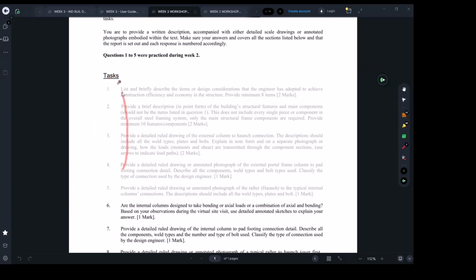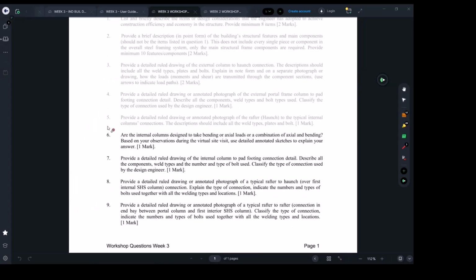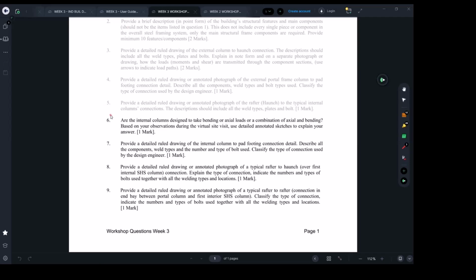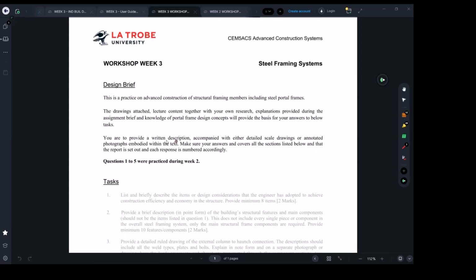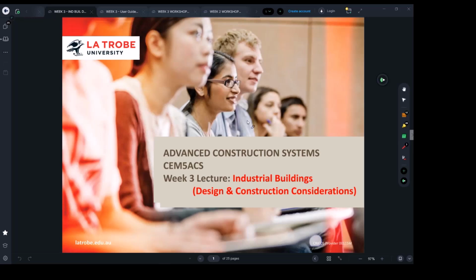That will happen today in the second hour. And tomorrow, during the workshop this week, we should be on track up to question 9. And again, you're supposed to be working with your team members to answer them properly. That's about our assignment and what we're going to be doing today.